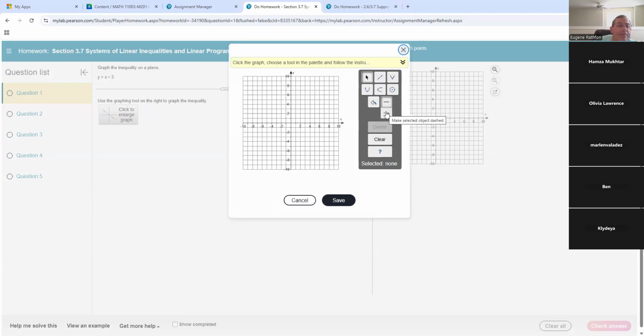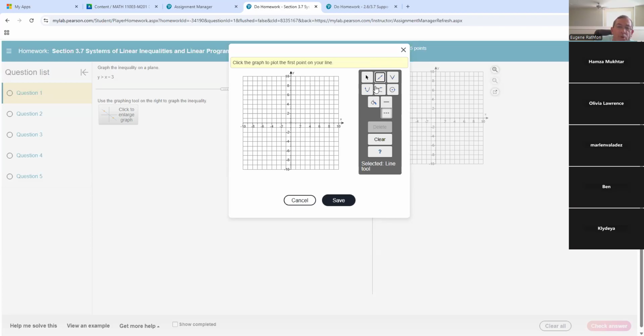So for our graph, all we have is greater than. There is no equals on it. So your first choice better be to select the dashed line tool. I'm going to click it, and it's now highlighted. I'm going to go up here and choose my 2-point line tool on the top row.